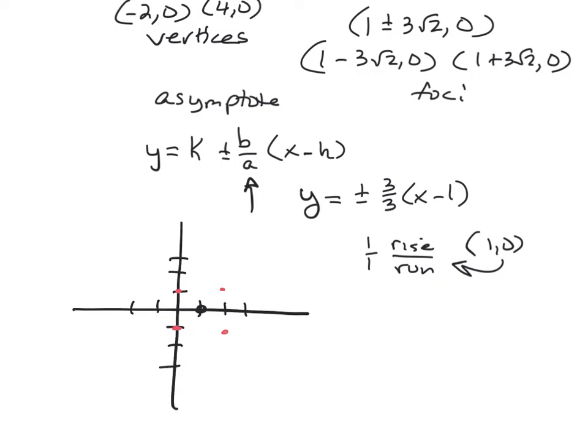Connect the points. Draw in the asymptotes. Next step is to graph the vertices. Negative 2, 0, and 4, 0. Use the asymptotes as the guide.